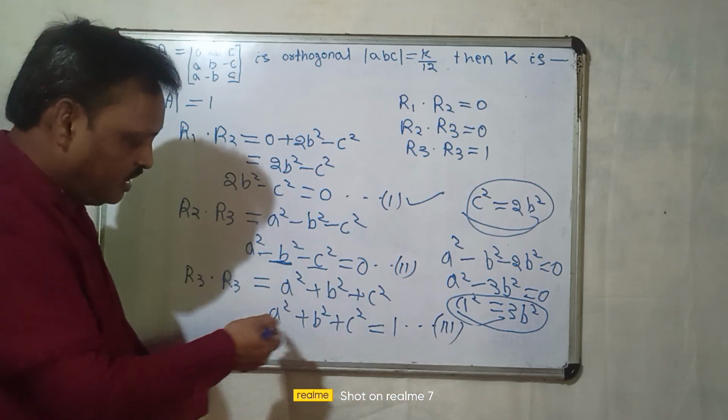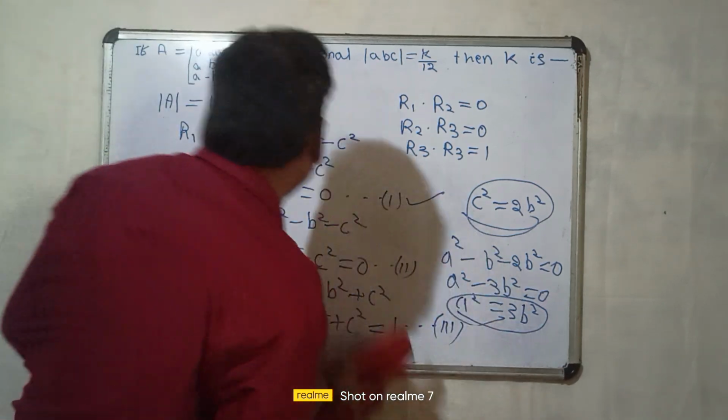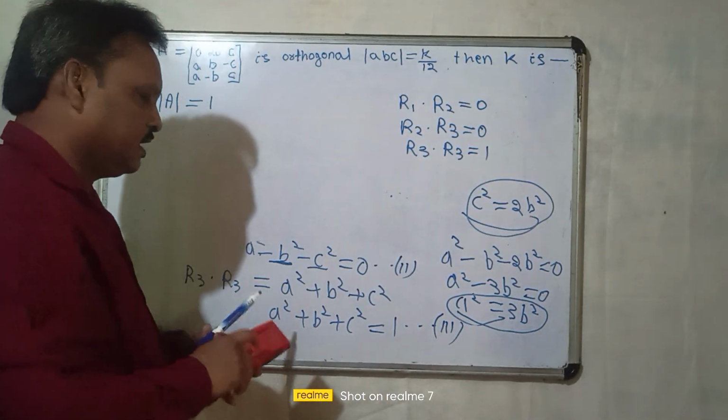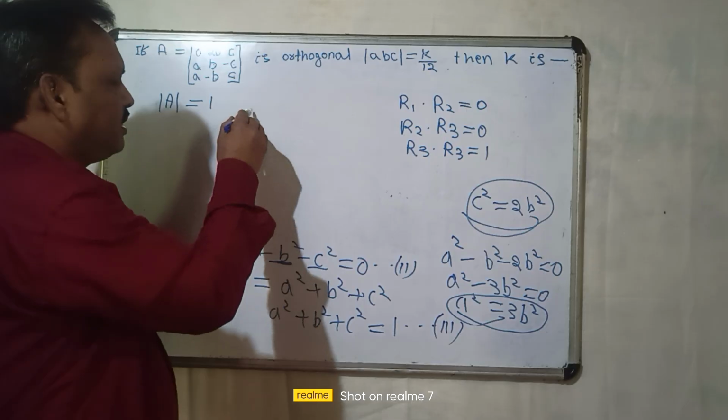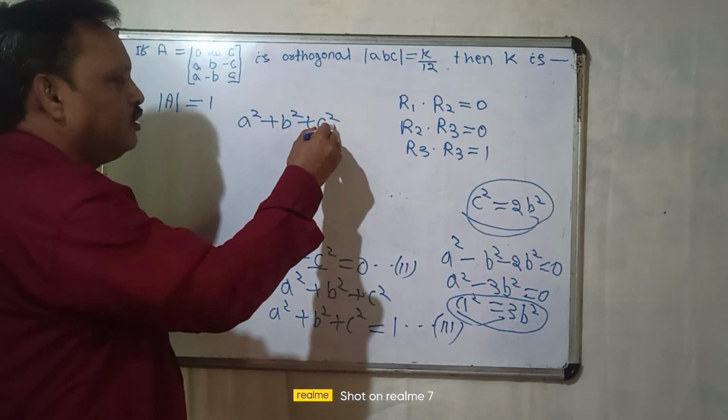Now substituting in equation 3, we get a square plus b square plus c square equal to 1.